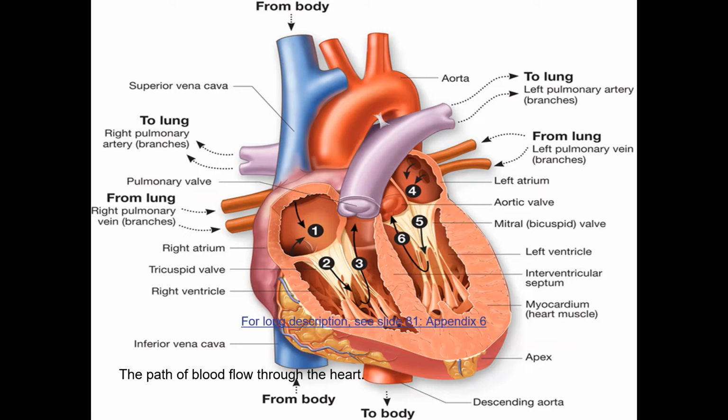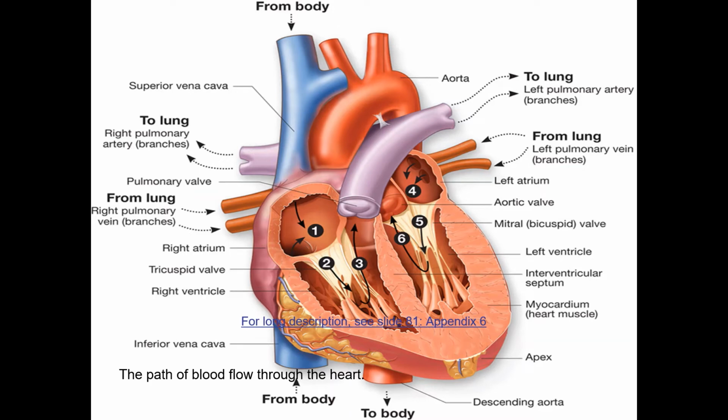From the pulmonary veins, it goes into the left atrium, to the mitral valve or the bicuspid valve, into the left ventricle. From the left ventricle, it goes into the aortic valve and into the aorta.